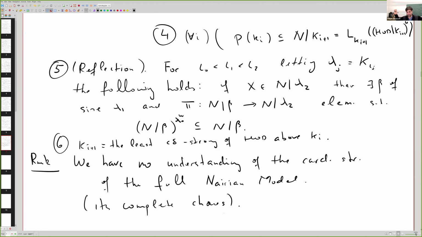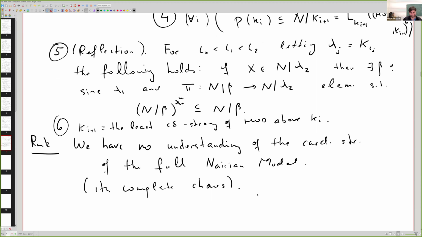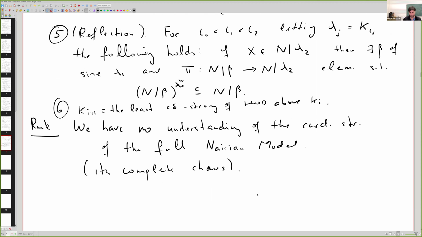So if you think mice or determinacy models are not chaotic, please spend one hour in the full Nairian model and then you will run out. It's just completely unapproachable, extremely difficult, it seems at the moment. But maybe over time we will have some understanding.